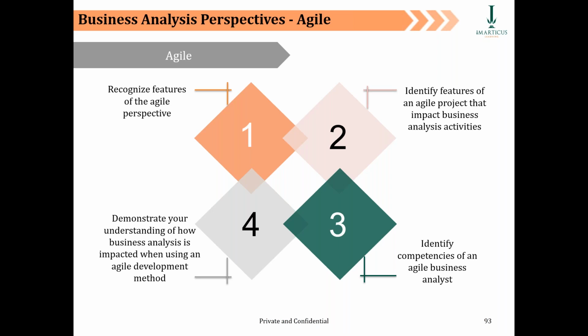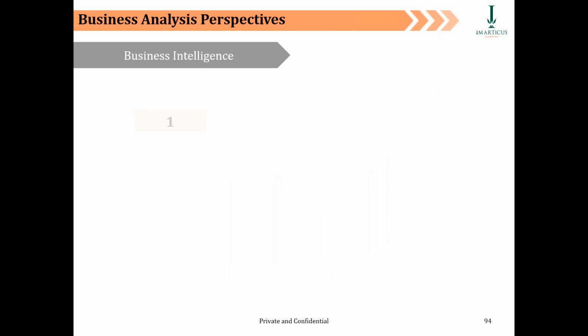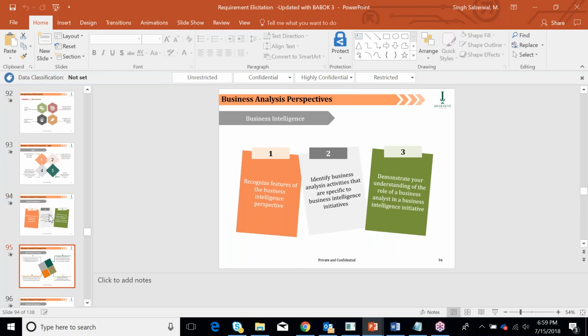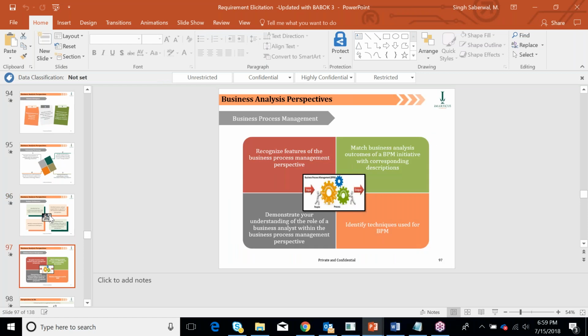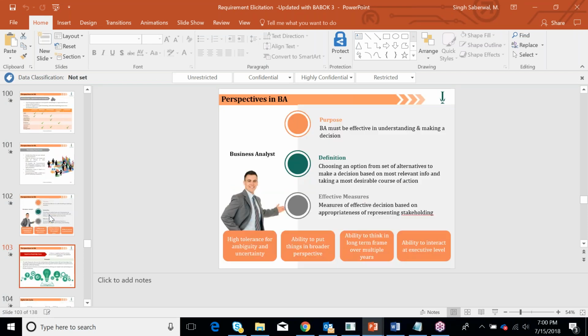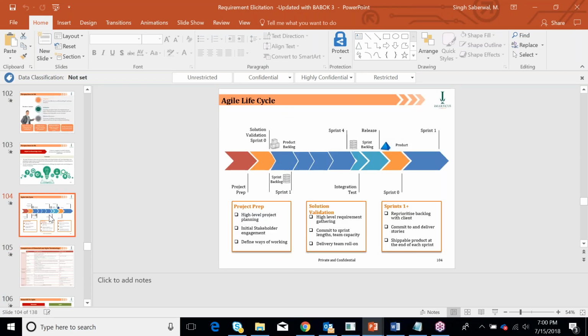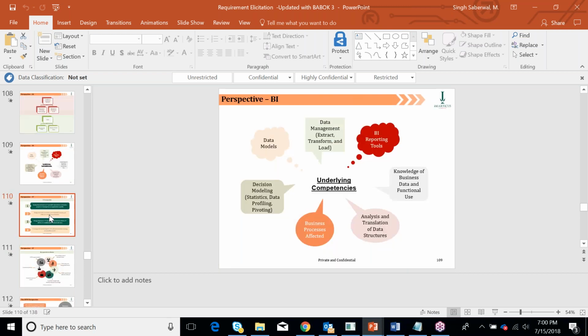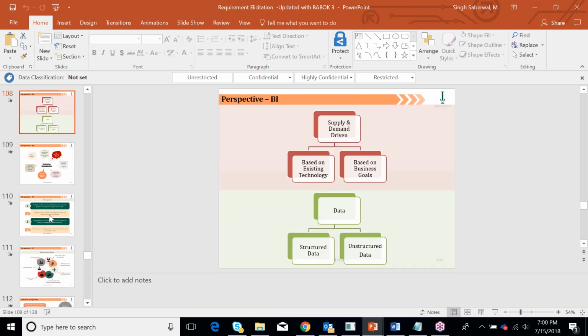So this is, guys, the thing. Okay, good. Where are we now? Slide 93. Okay. So what are we going to do ahead, guys? Maybe coming Saturday. Let's see what our scope of things is now. After that, we step into BI, then BPM, then business architecture, then the agile life cycle comes back. Then a bit more detailing on BI.